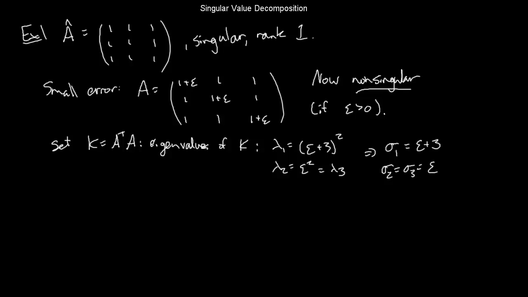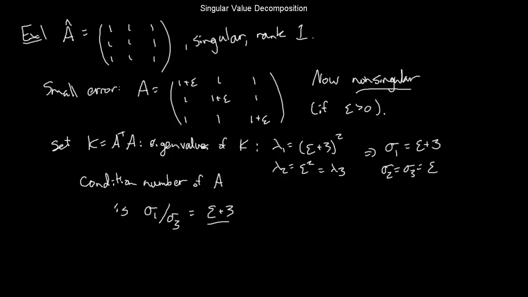So the condition number of A is the ratio between the biggest singular value and the smallest singular value. Remember, we're assuming that epsilon is positive here. So the condition number here is epsilon plus 3 divided by epsilon. That's sigma 1 divided by sigma 3.